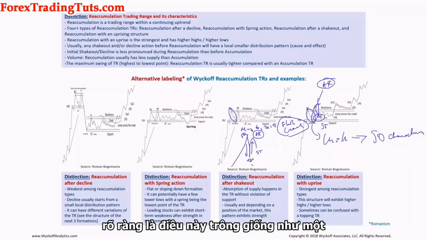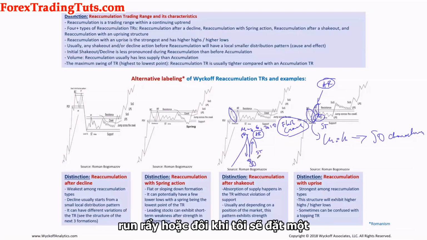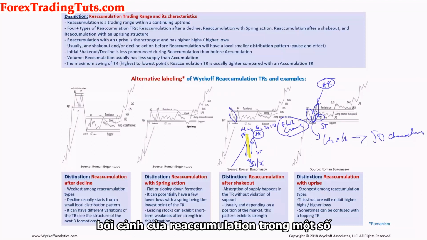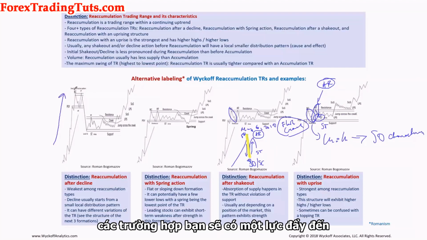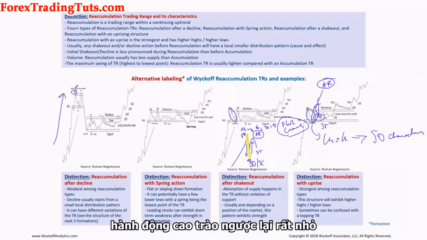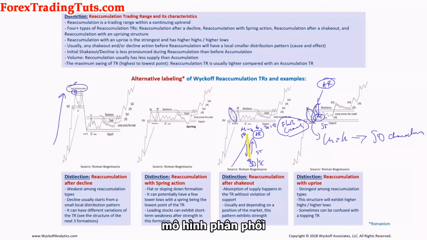Well, obviously this looks more like a shakeout, or sometimes I'm going to put a selling climax as a climactic action. So your downtrend is very fast within the context of a reaccumulation. In some instances, you're going to have a push to the upside, climactic action, a very small distributional pattern, which would point on the P&F that there's going to be some kind of downtrend.